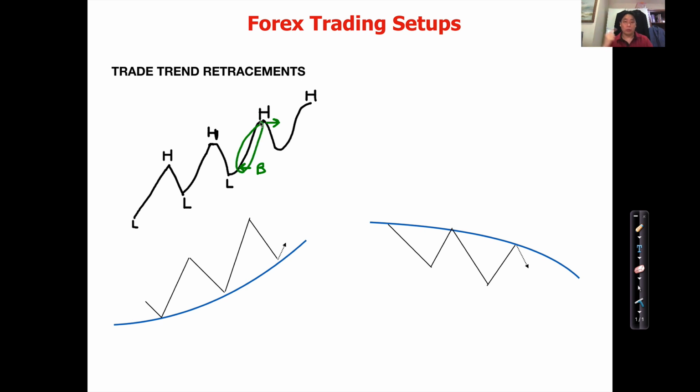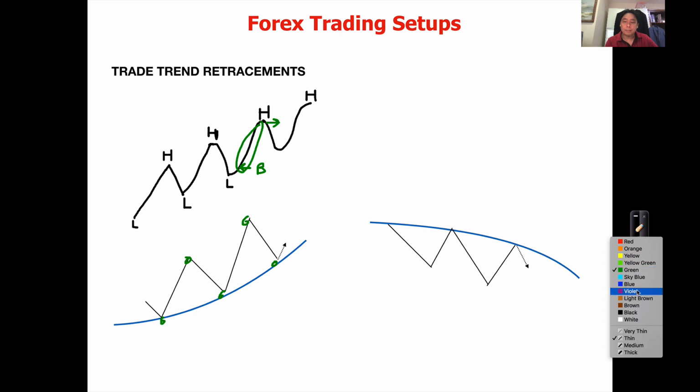And then you repeat that process. Over here you can see, again, those are the higher highs and those are the higher lows. We can use a moving average or a trend line as a level of support to know when to enter the trade.